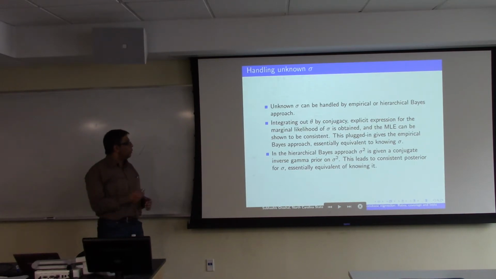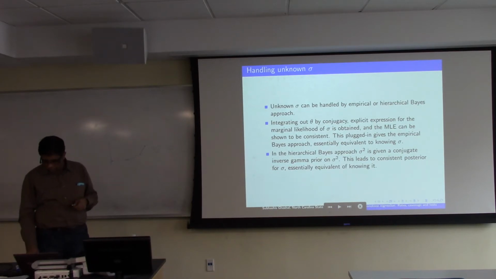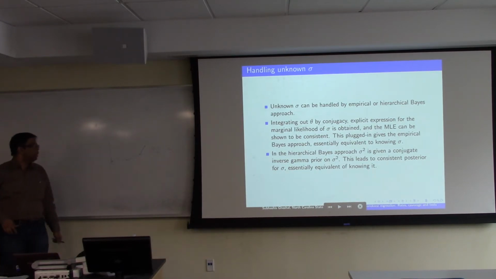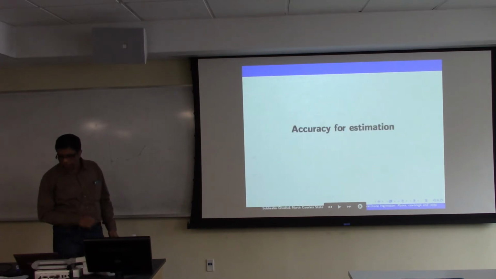You just integrate out the thing in between, and then you have an explicit expression for the marginal likelihood of sigma or the posterior for sigma. You can show that it's consistent, and once you plug that in or use it at another level, it takes care of things very easily. So it's almost like assuming that sigma is known. That's never a problem, so we just bypass that.